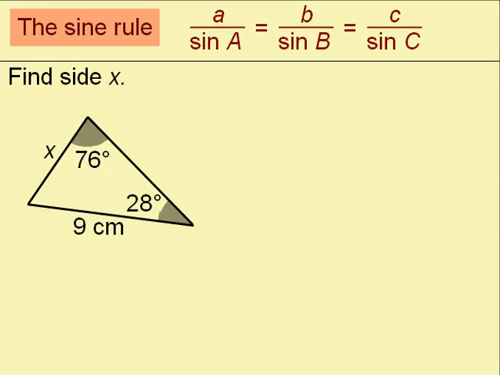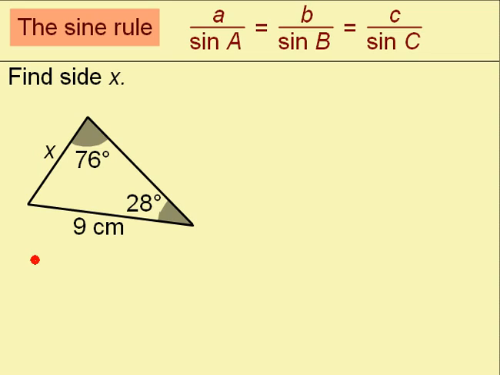I'm now going to take you through a typical question using this rule. I can see here that I've got an angle and an opposite side, and I've got an angle and I'm looking for the opposite side. Because it's all about opposites, I'm going to be using the sine rule. I'm looking for a side, so I'm going to be using this form of the sine rule. So the side I'm looking for is x.